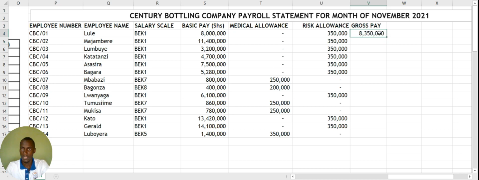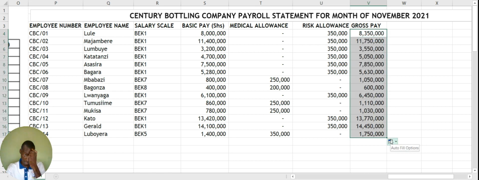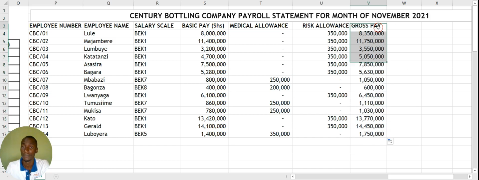So for Lule, we have a gross pay of 8,350,000. We can get it for the rest of the employees, as you can see. So that is your gross pay.